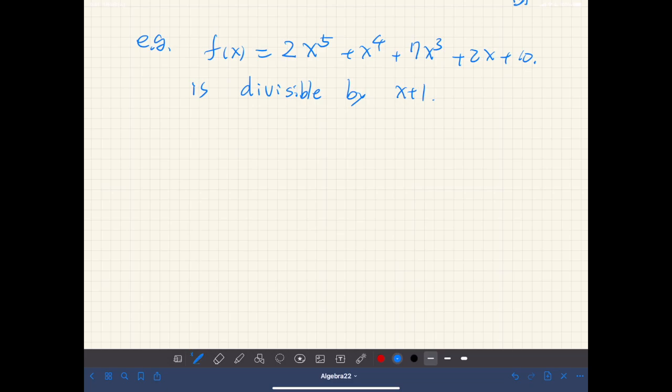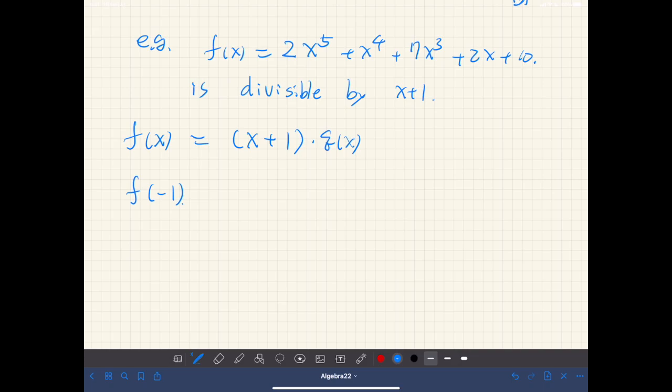Because this means this polynomial can be expressed as x plus 1 times some polynomial plus 0. So we just ignore this part. To see this, we just substitute x with negative 1.